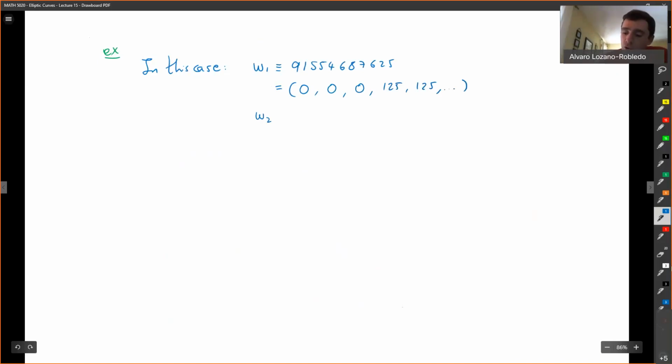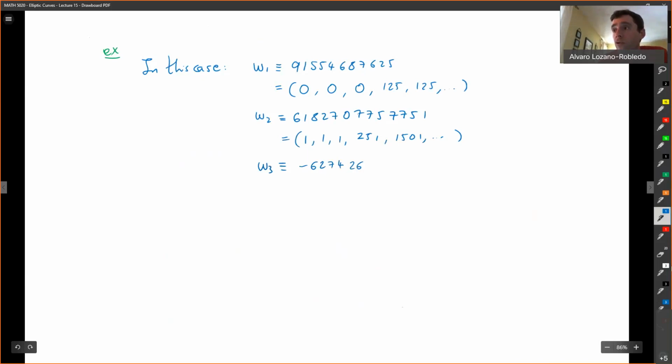Then there was a W2, congruent to 6182707575751, which the conditions give you that this is 1, 1, 1, 251, 1501, etc. And a third root congruent to minus 1, 627426244536, which starts with 4, 24, 124, 249, 1499.